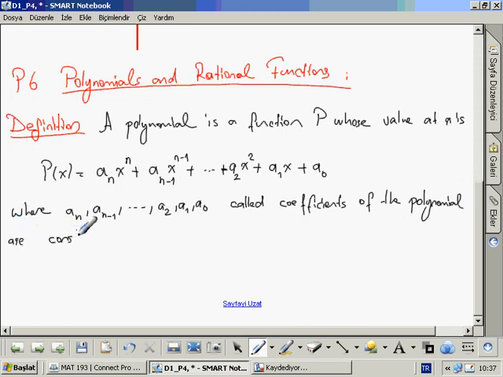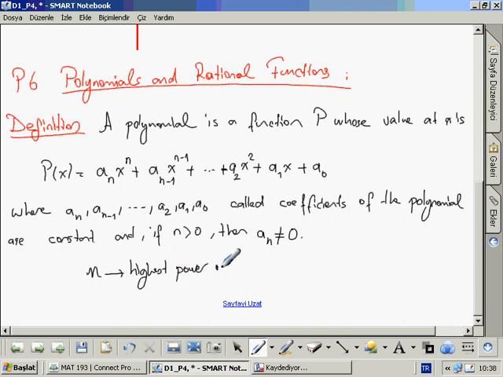They are constants, and if n is larger than 0, then a sub n does not equal 0, and n is the highest power of x in the polynomial.